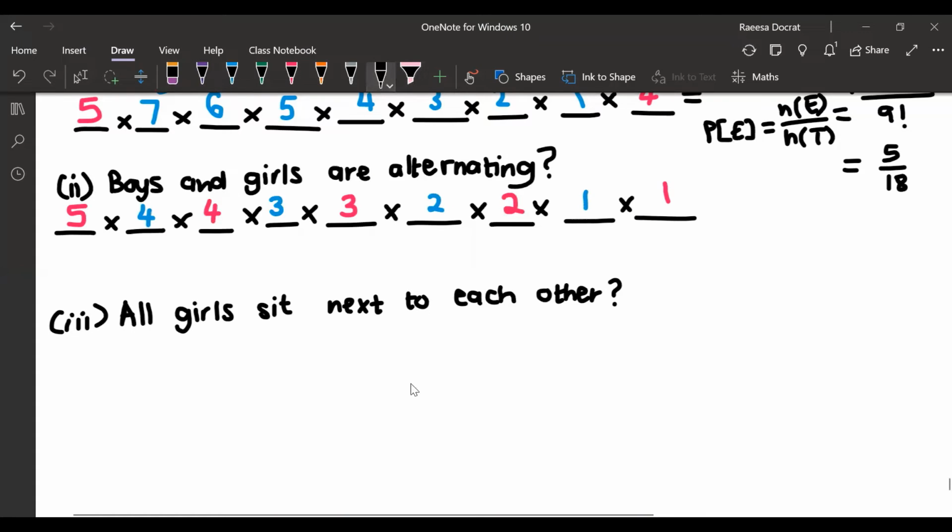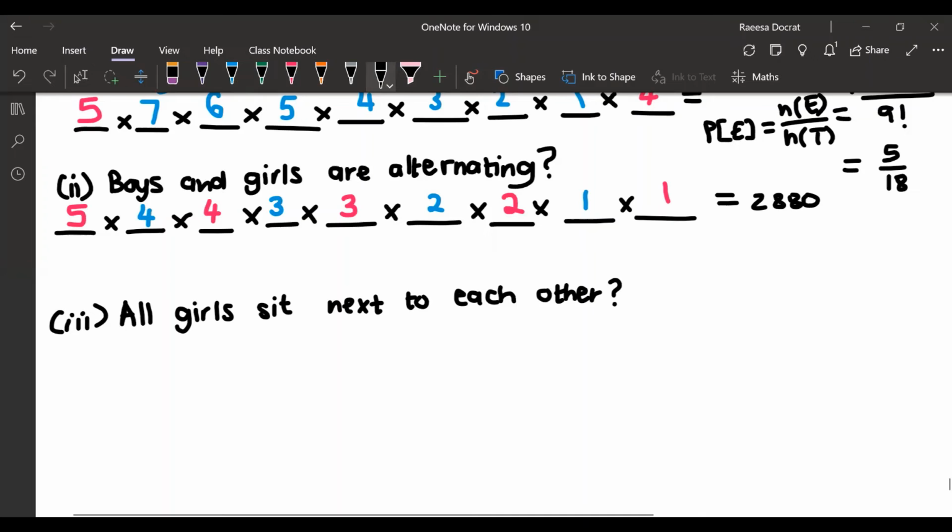So then this here is equal to 5 factorial times 4 factorial, which is 2880.